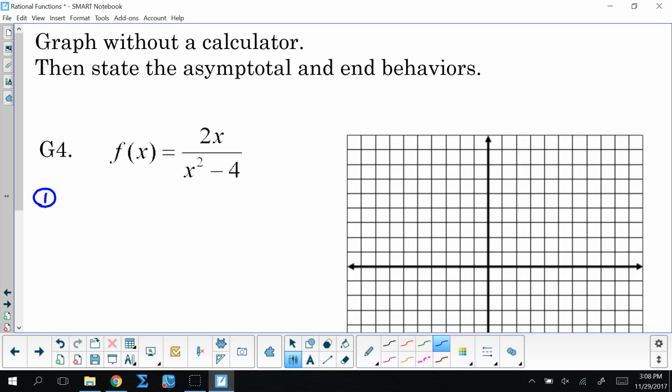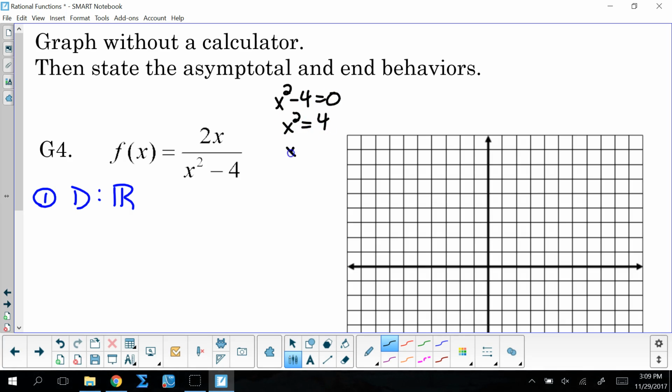First step, you need to find the domain. So the domain of this function is all real numbers, except where my denominator, x squared minus 4, equals 0. So that's going to be x squared equals 4, so x equals, because I took the square root, plus or minus 2.